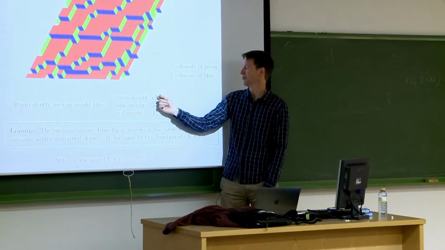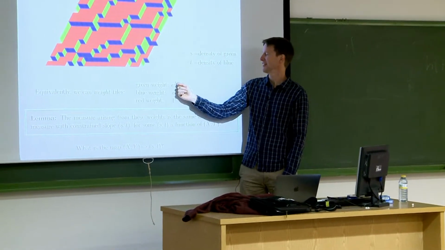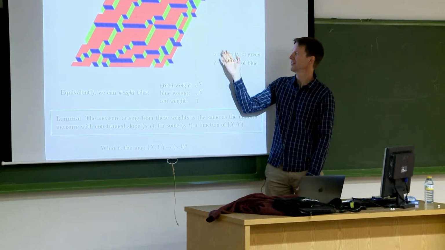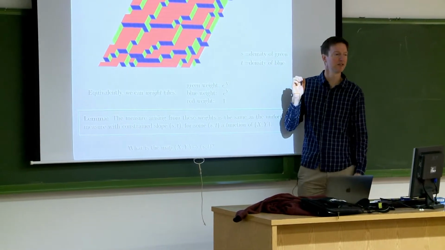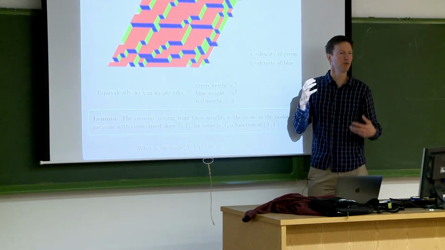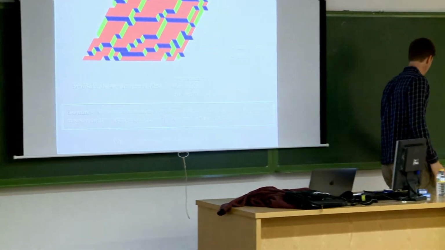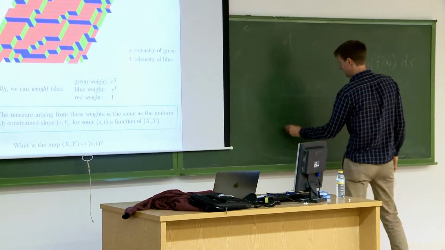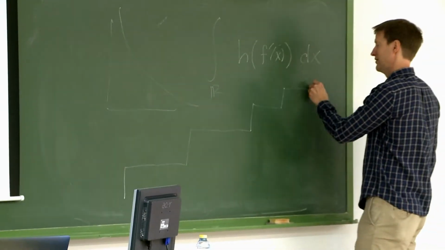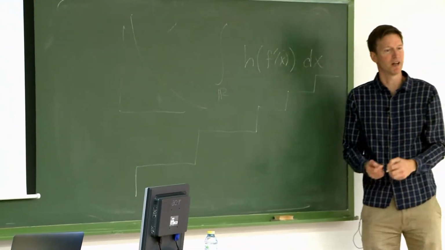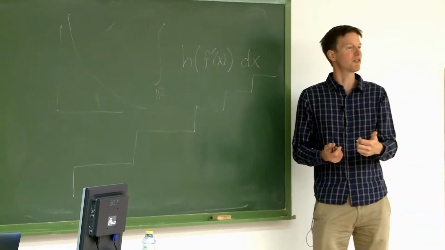So the point is that now, instead of fixing the densities ahead of time, I can fix the weights, and the weights will determine the densities. The analog in one dimension is making one of these broken lines where I use a coin. I can use a biased coin.